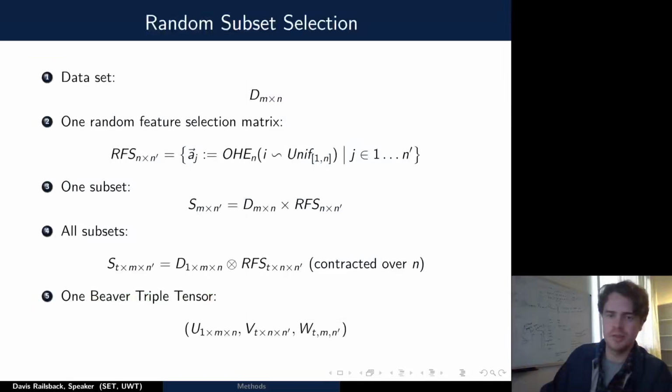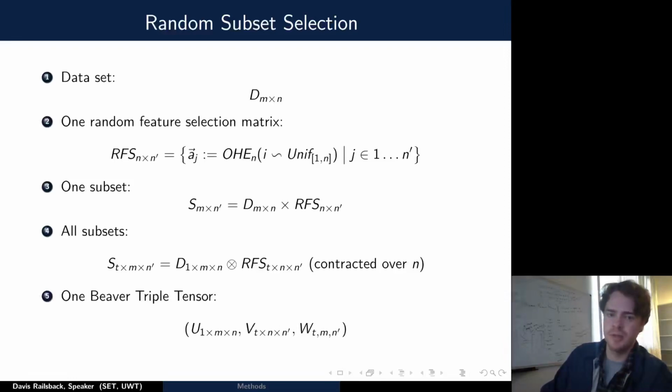Applying this idea to random subset selection, we start with a data set that's n by n, and then we define a random feature selection matrix that is n times n prime, where n prime is the number of features we want in the subset. We randomly sample these indices of the initial attributes, and we use those as the columns of this matrix. Computing one subset would be the product between the original data set and this matrix.